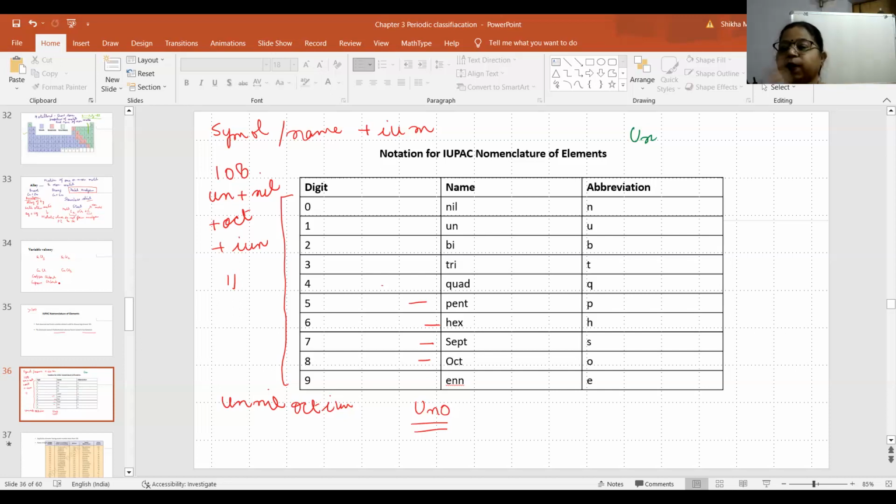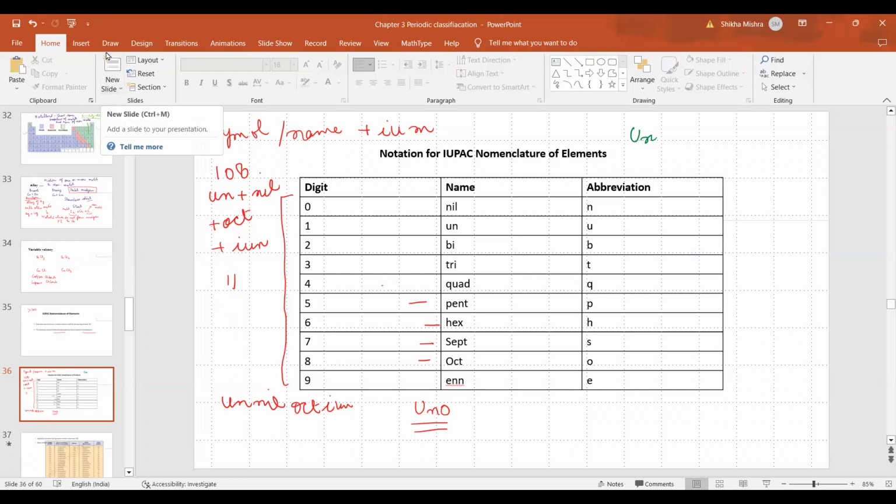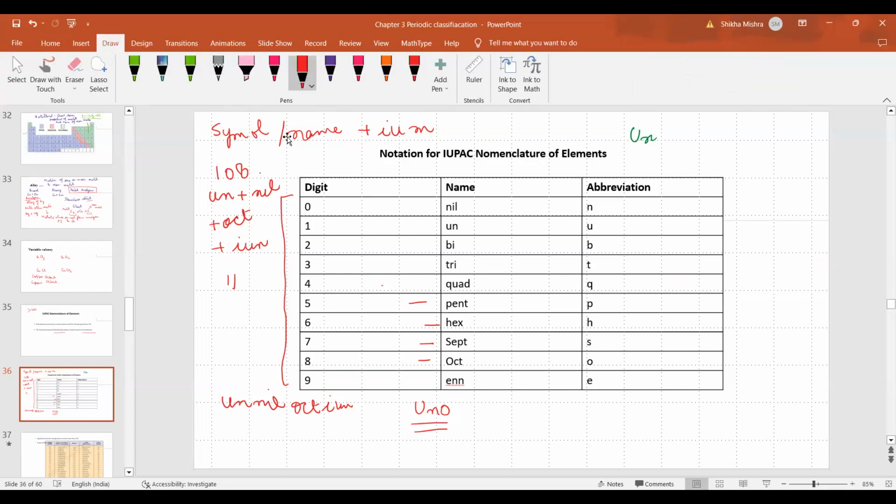It is represented by Pt. Iron is represented by Fe. Similarly, the element having atomic number 108 will have the name un, nil, octium, and its symbol will be UNO. Is it clear to all of you? Yes, ma'am.